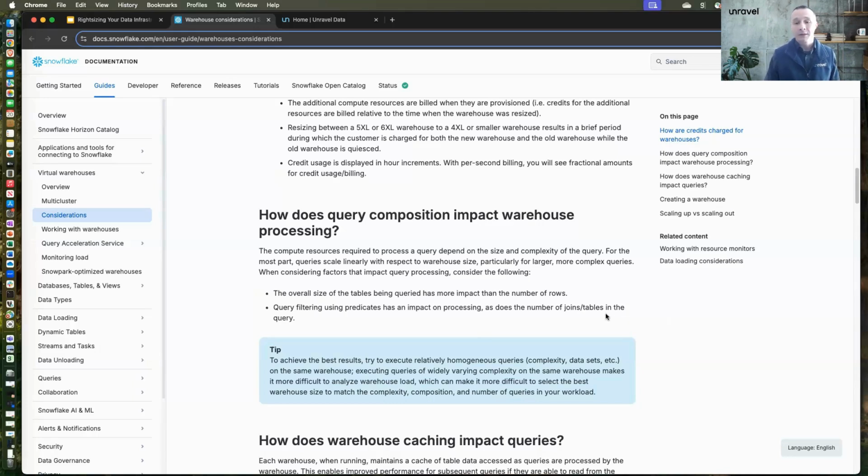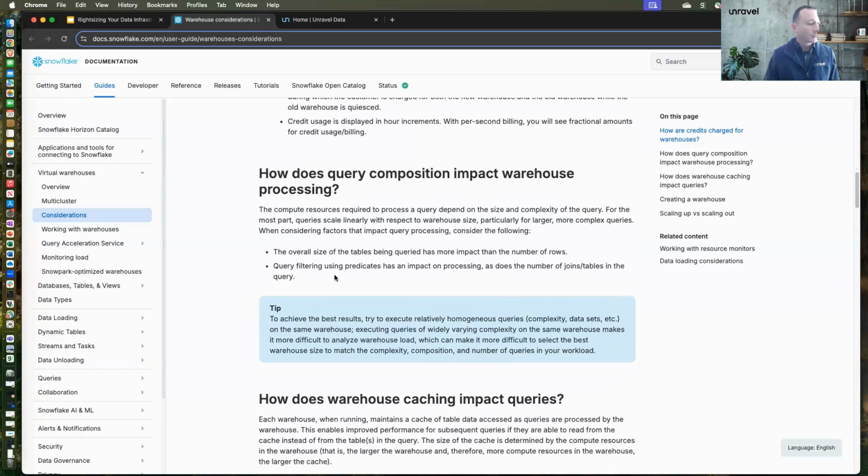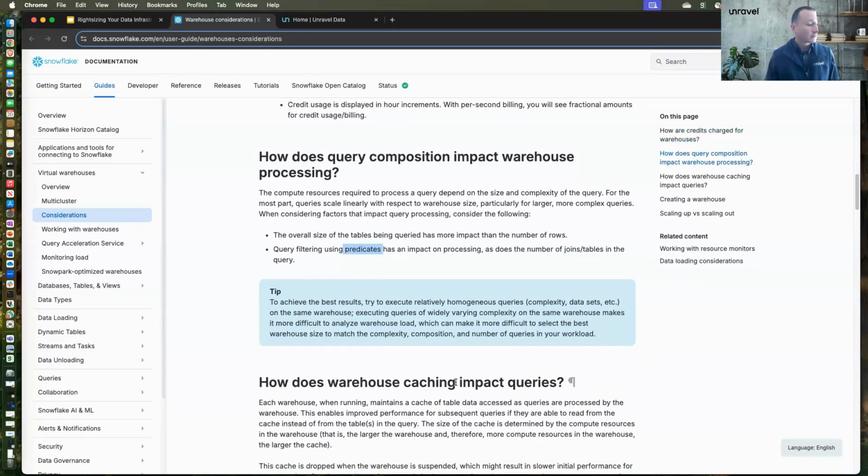Things like query filtering, the use of predicates, has an impact as well. The number of joins of those tables inside the query. Caching, also very important. This impacts your queries as well.